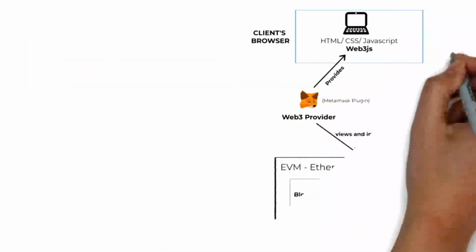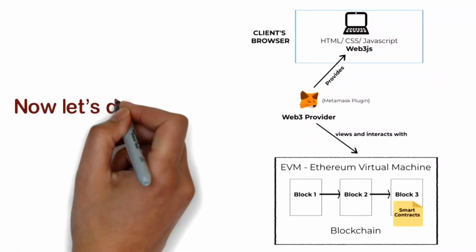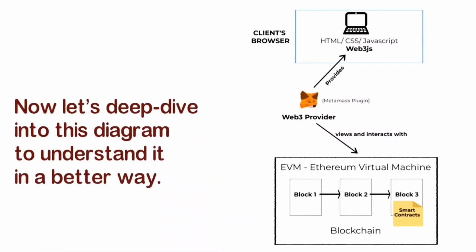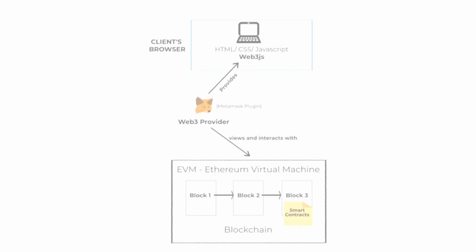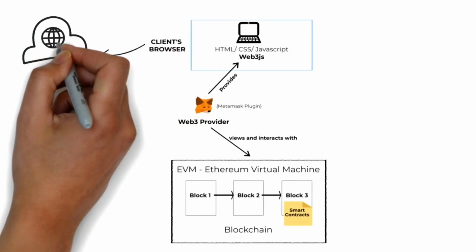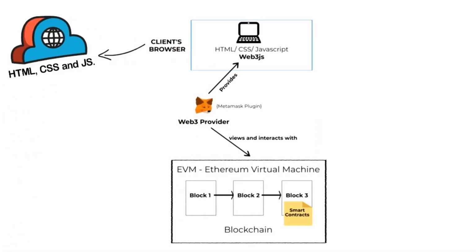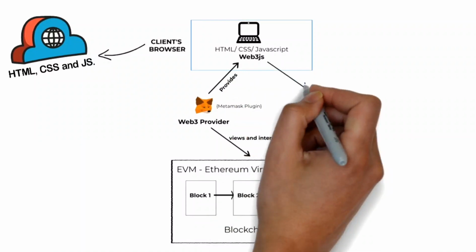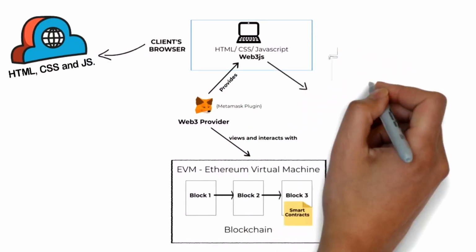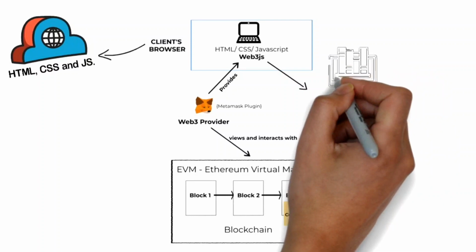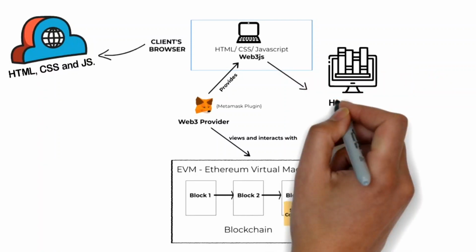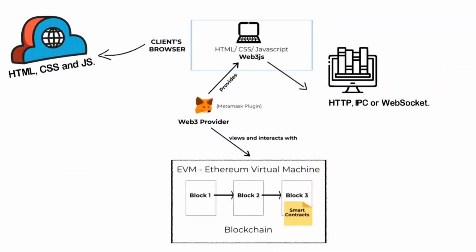In this diagram, we can see how a typical DApp works. Now, let's deep dive into this diagram to understand it in a better way. Client browser: it is a normal browser written in HTML, CSS, and JS. Web3.js: it is a collection of libraries that allow us to interact with a local or remote Ethereum node using HTTP, IPC, or WebSocket.